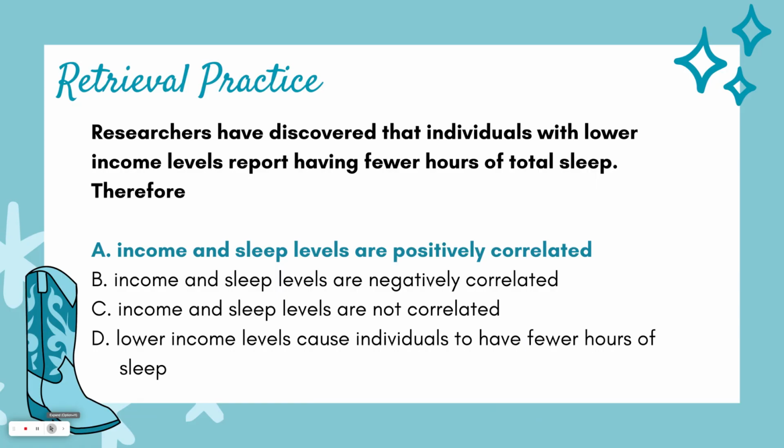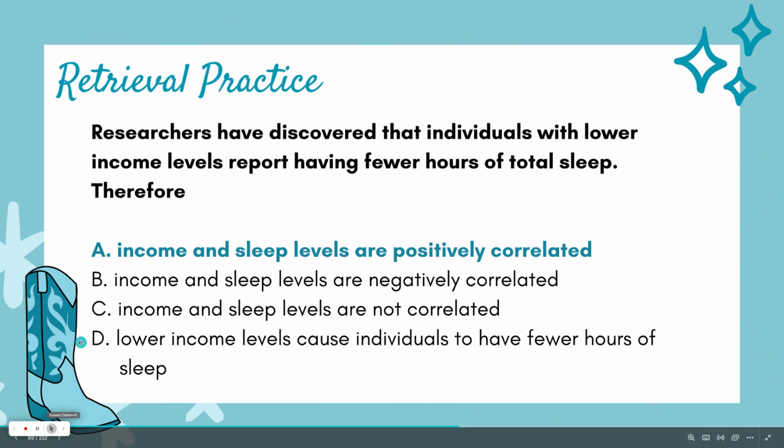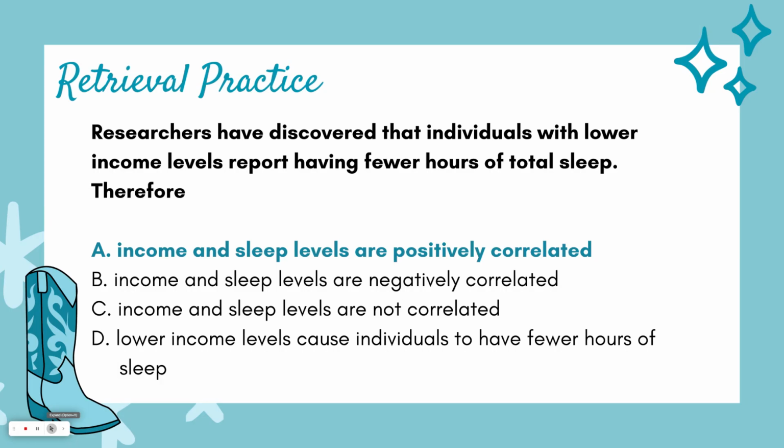That means as one goes down, the other also goes down, meaning these variables are moving in the same direction. We might be tempted to say letter D, that lower income levels cause individuals to have fewer hours of sleep. However, without doing an experiment, we cannot come to that conclusion. So A is our best choice.